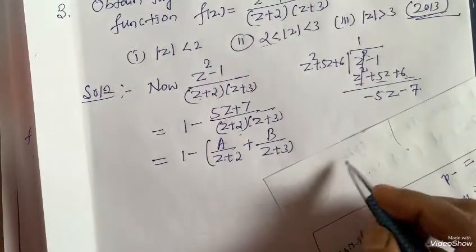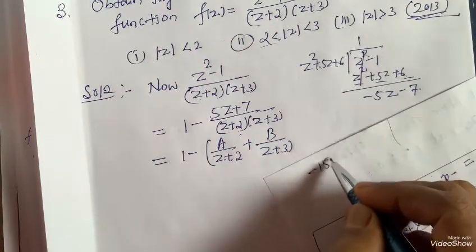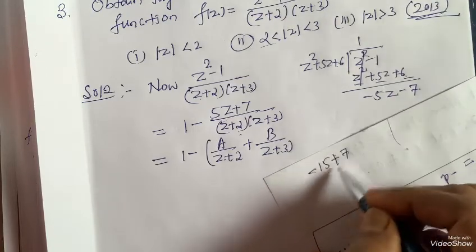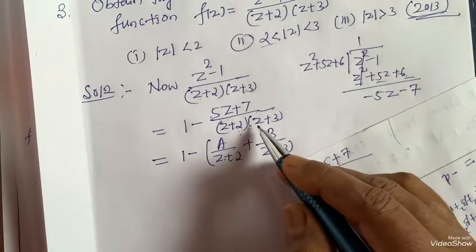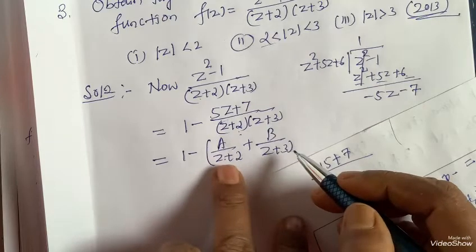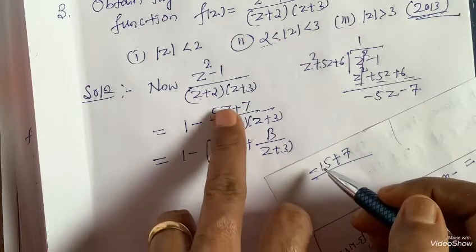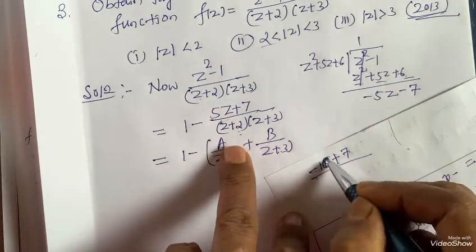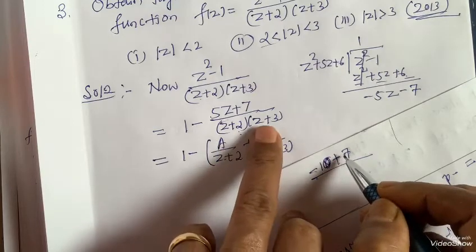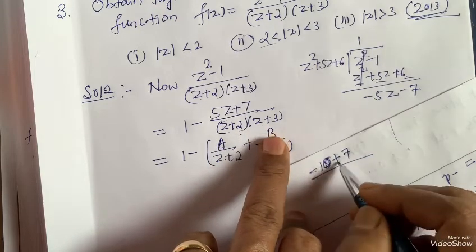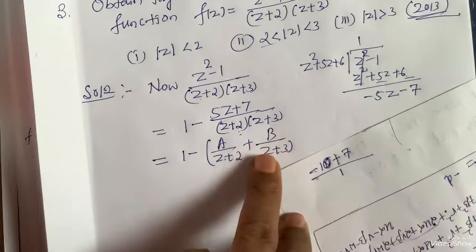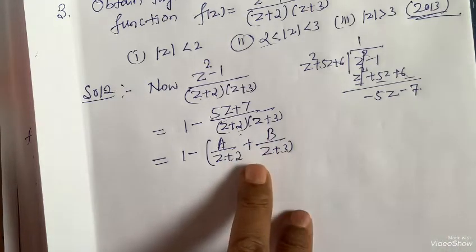Yes, this is minus 15 and plus 7 divided by, z is equal to minus 2 you have to substitute, not 15. Minus 2 you have to substitute, minus 10. Minus 10 plus 7 divided by minus 2 plus 3, 1. So you are getting minus 10 plus 7, that is minus 3.